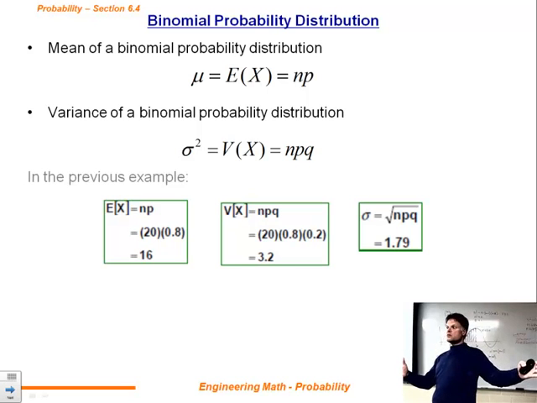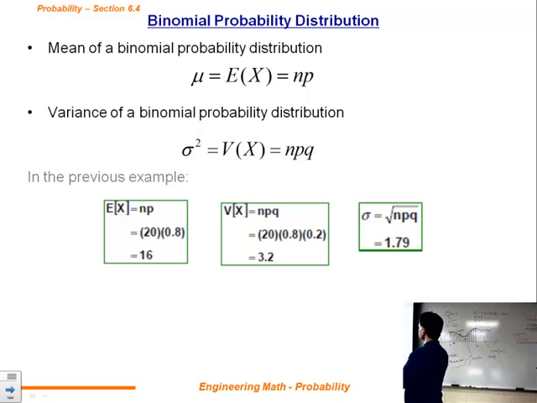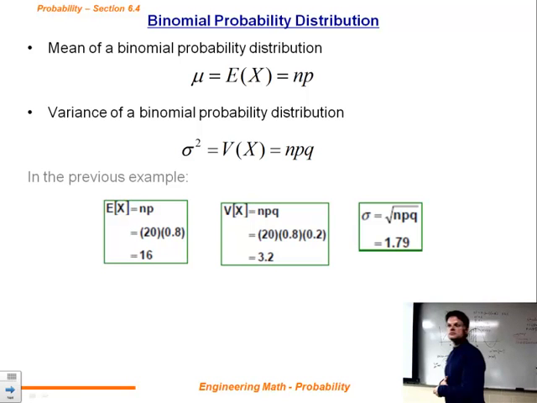In the case of 20 coin flips with a 0.8 probability of success, it's 0.8 times 20, which is 16. That's almost intuitively true. The variance is the number of trials times the success probability times the failure probability. So, a little bit different.